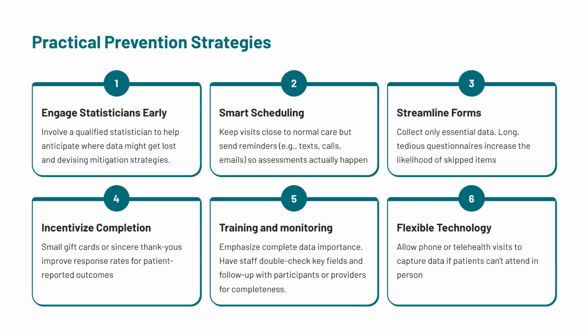Fifth, train staff. Emphasize why complete data matters and have coordinators double-check key fields before patients leave. Finally, embrace flexible technology. Allow data to be collected through phone or telehealth visits when in-person appointments aren't possible. Together, these simple strategies can dramatically reduce missing data and strengthen trial integrity.